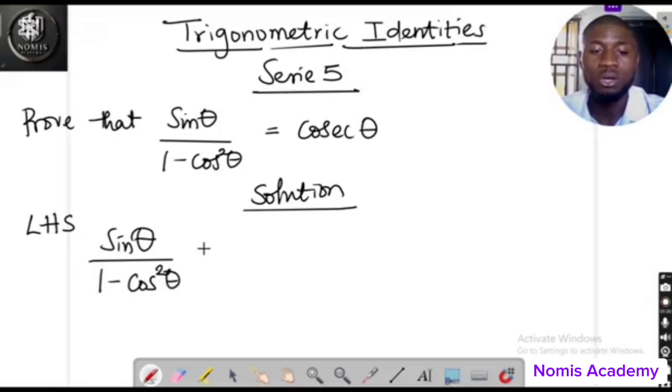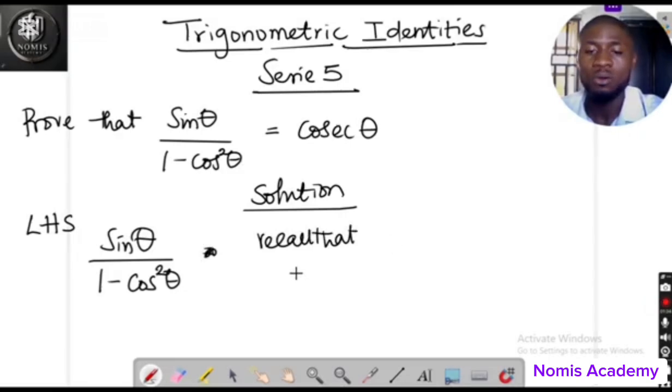So what can we do around this place? We should recall that sine squared theta plus cos squared theta is equal to 1.